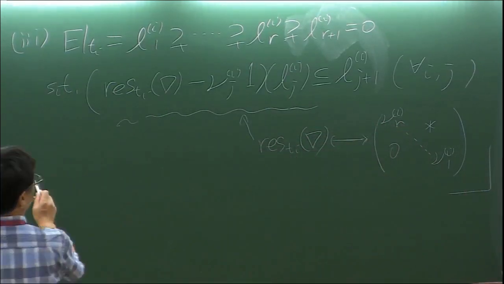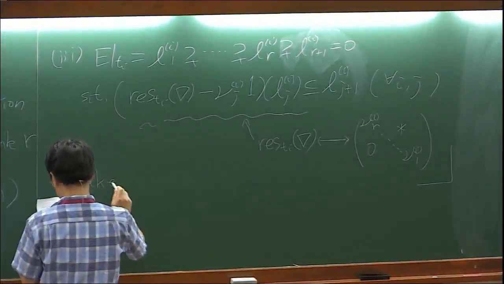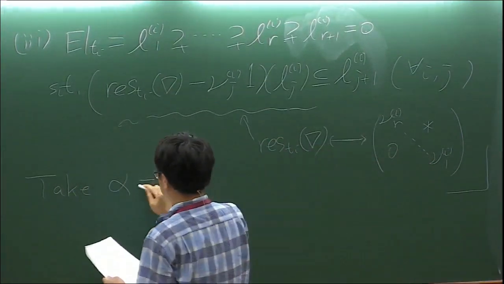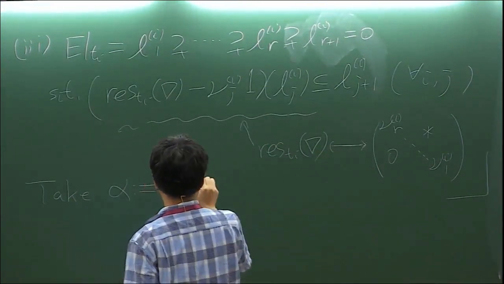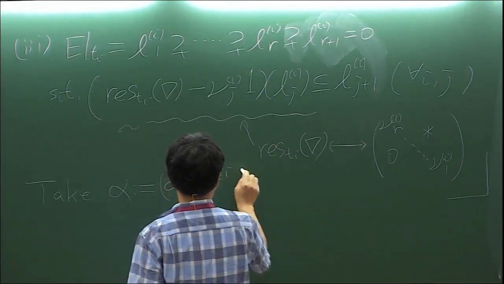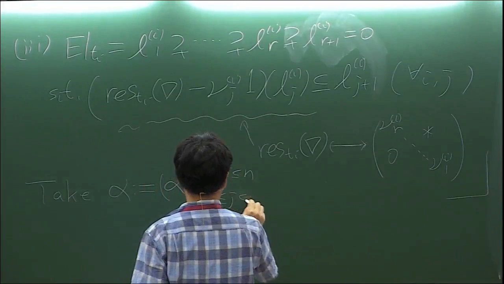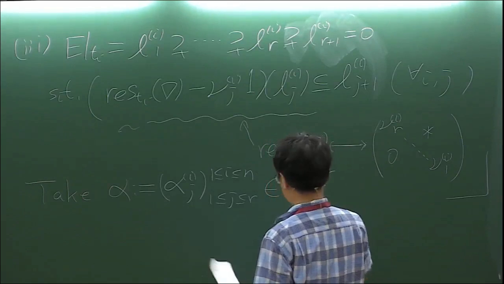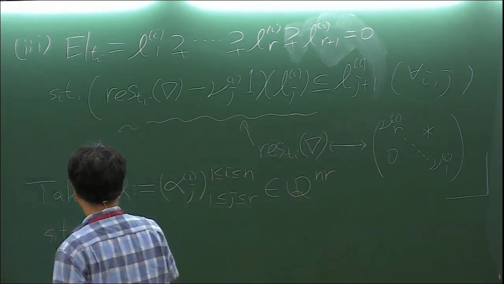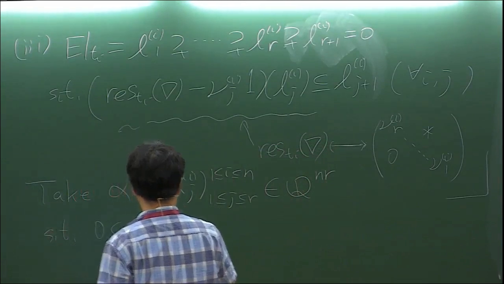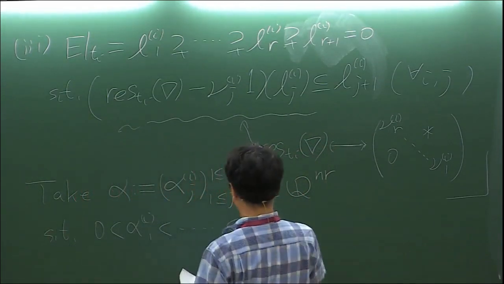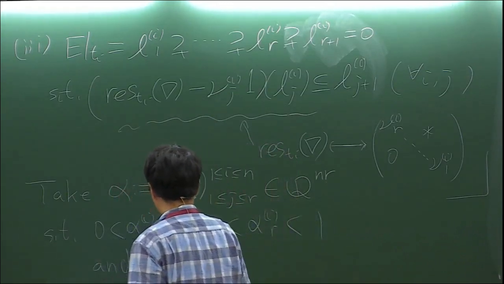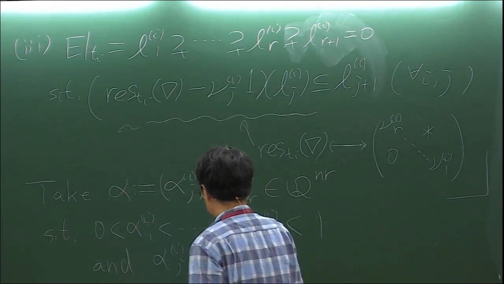And I will give the definition of stability, which was already explained by Professor Saito. Take a tuple of rational numbers alpha_ij, and assume the alpha_ij are all distinct.